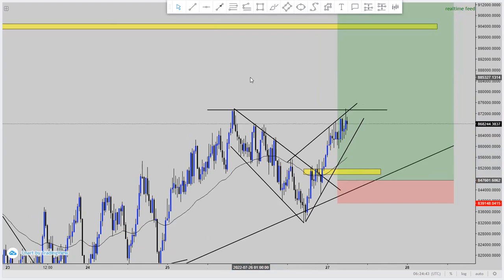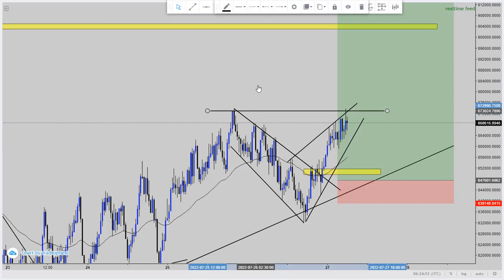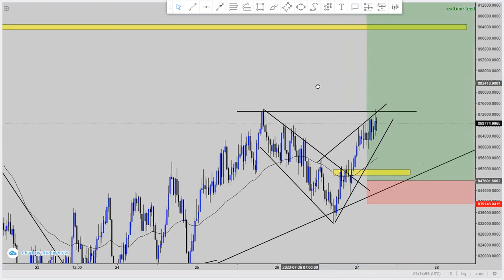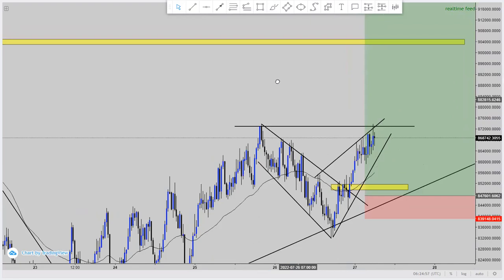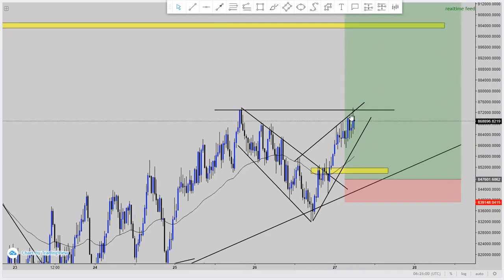So here, the break of this level here is actually going to give beautiful entries. It's going to give us beautiful entries. So here, either price is going to drop a little, touch this trend line and go, or it can just drop, confuse people, come down, then go.